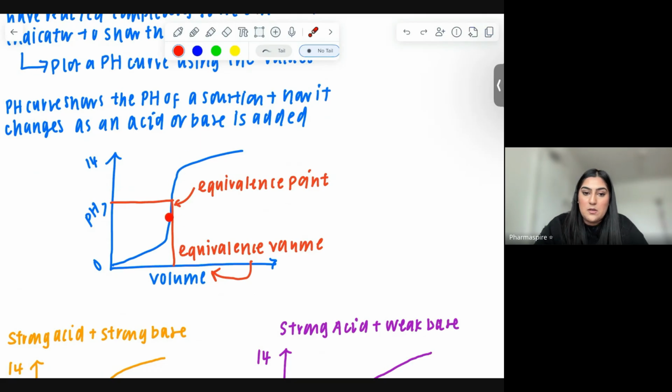The most important part is this equivalence point, but in calculations we typically rely on something called the equivalence volume. That is where you find the point where it's vertical, read down, and that is your volume. I haven't been so specific, it should be straighter, but I've got a drawing and I haven't got the best drawing skills. And then obviously you can read off the pH of the equivalence point.